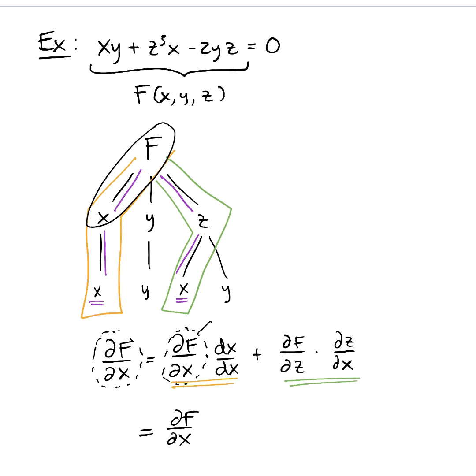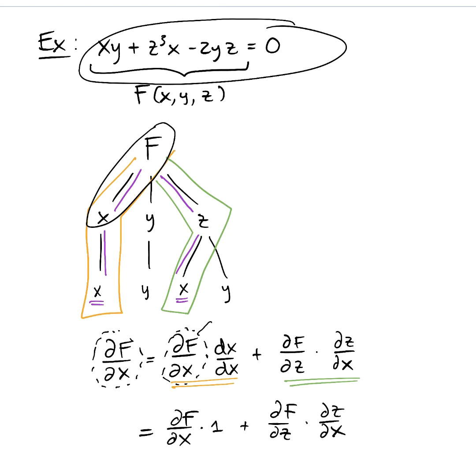Derivative of x with respect to x is just 1. And then this side goes unaltered. And on the left-hand side, this is the beauty of it. On the left-hand side, don't forget what big F equaled in the first place.